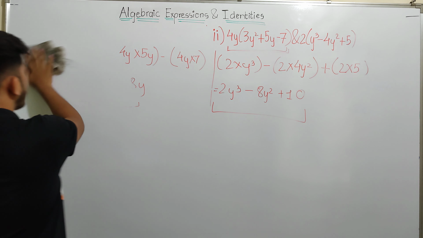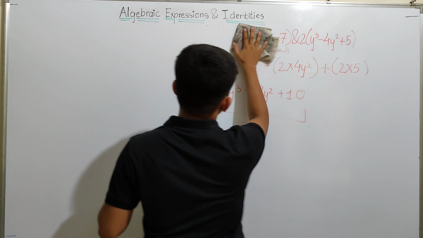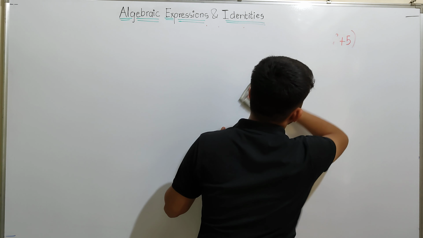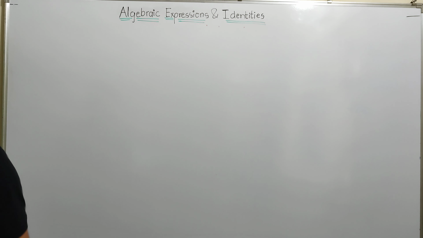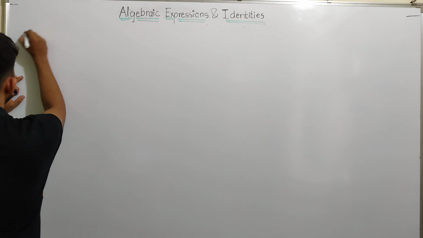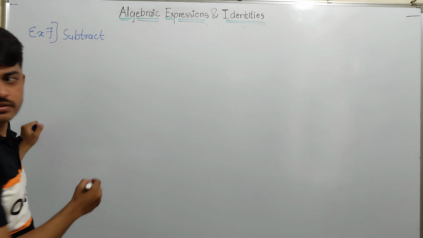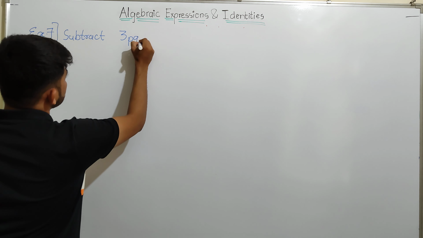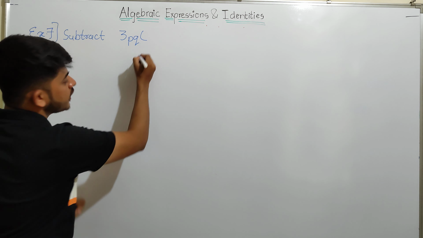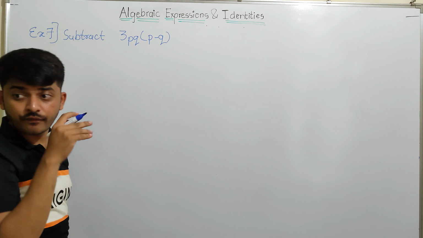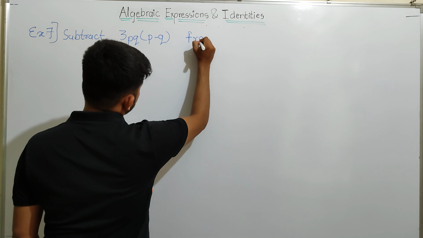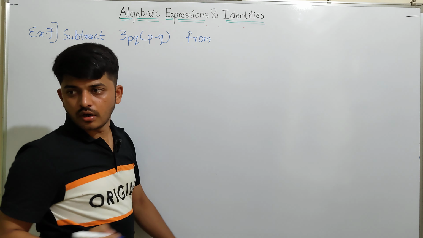Now the solved example, I'll write it. Example 7: subtract 3pq(p − q) from 2pq(p + q).